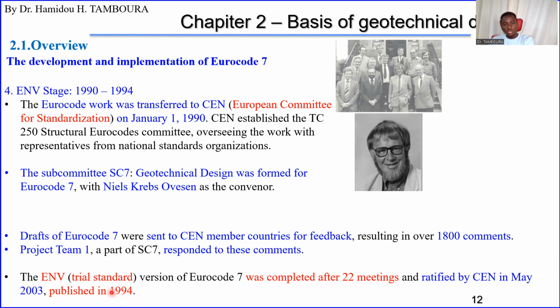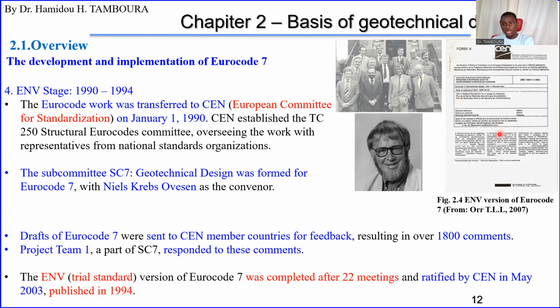Okay, so this was the first publication of the trial version, and it was something like this. This was just the trial standard version of Eurocode 7.